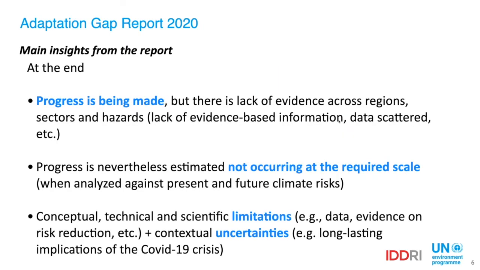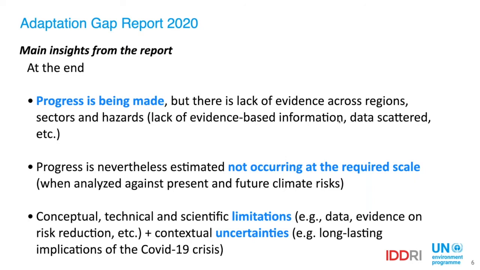So just to sum up, we can say that progress is being made for sure, but we still lack some evidence across regions, sectors, and hazards. So this is something we can improve in the future. Also, this progress is there, but it is estimated not to be occurring at the required scale. And this is particularly true when you also look in parallel at trends in climate risks.